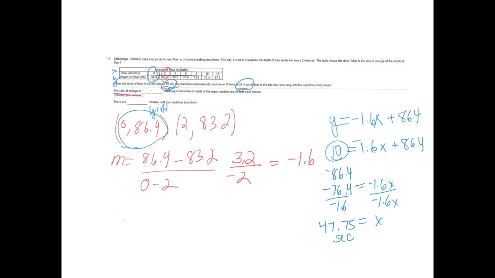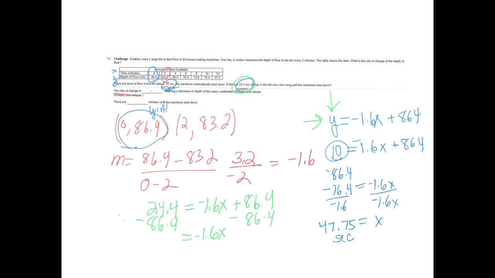Now we need to continue on and figure out when the y value is 24.4. So we're using the same equation, we're just substituting in for y here. 24.4 is equal to negative 1.6x plus 86.4. And we're going to subtract 86.4 from both sides. And we have 24.4 subtracting 86.4.